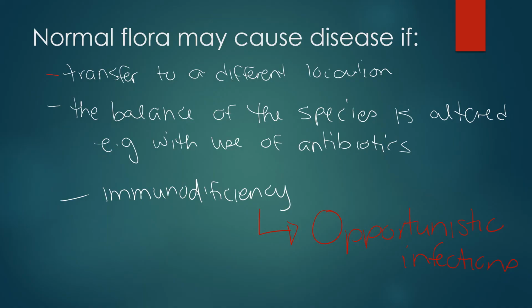Just to recap, we're moving them from their normal location to a location that is normally sterile. We upset the balance of the species in the normal flora by giving the patient antibiotics to treat a different illness, or the client becomes immunodeficient or immunocompromised, for example, clients with AIDS or patients receiving chemotherapy.